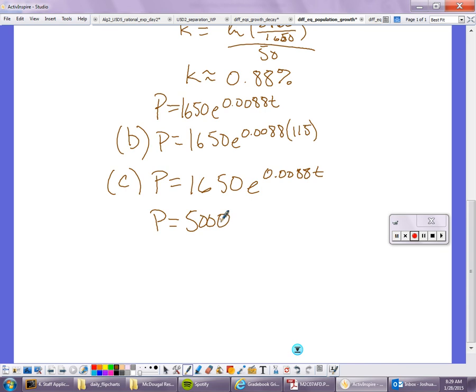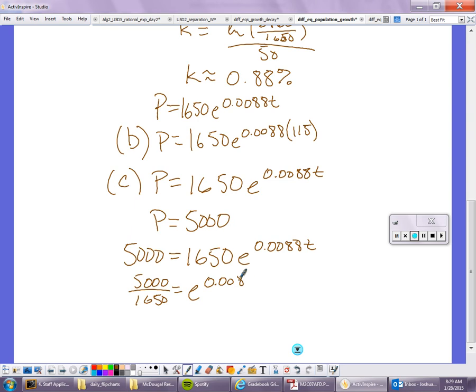I'm going to do part of it, and we'll leave you to do the rest. 1650 e to the 0.0088 t equals 5,000. So I'm solving for t. Then I would do natural log of both sides.